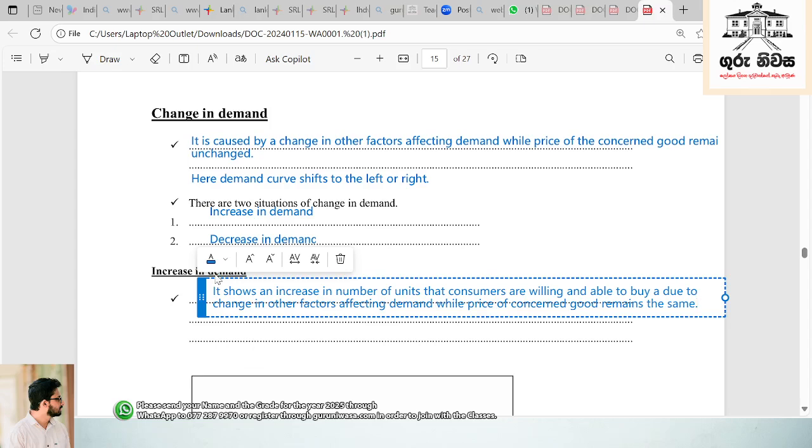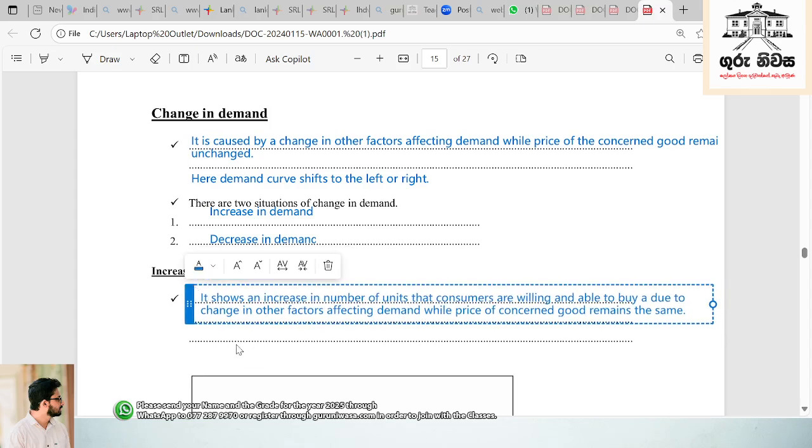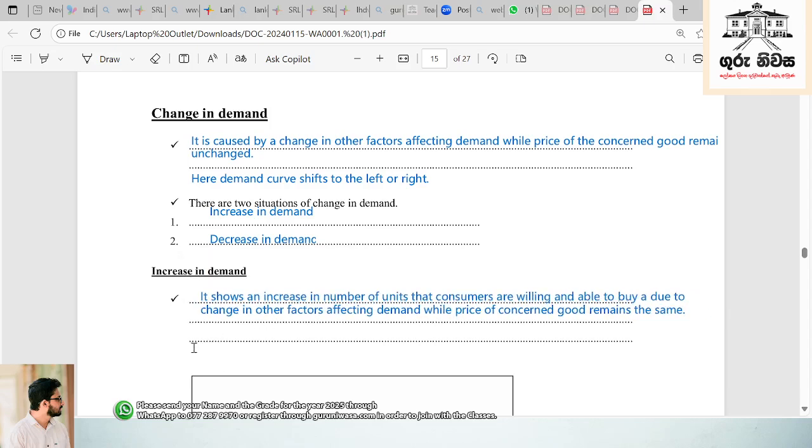Okay, Lamai. Next point, write down: here the demand curve shifts to the right side. Write down, the demand curve shifts to the right.